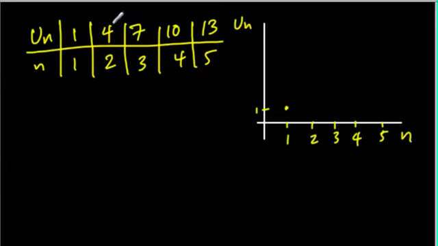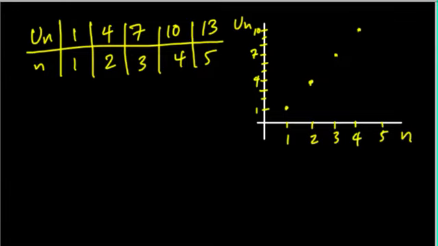The second point is 2, 4. The third point is 3, 7. And the fourth is 4, 10.